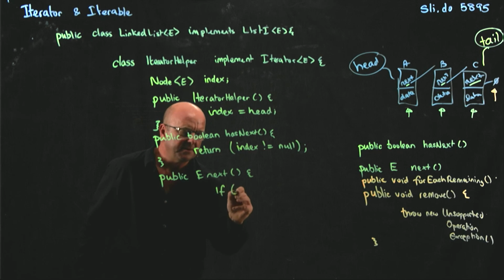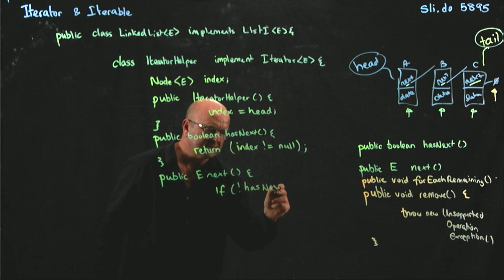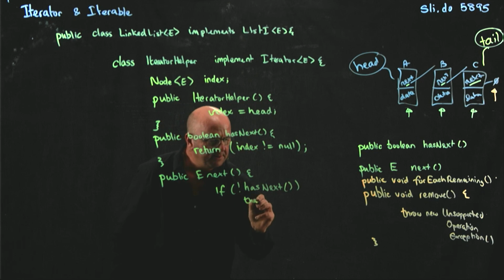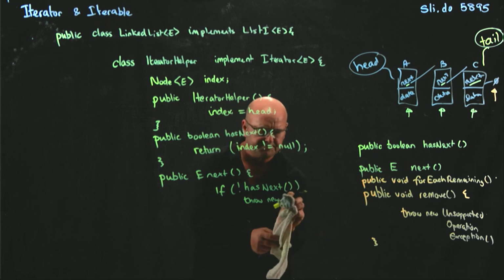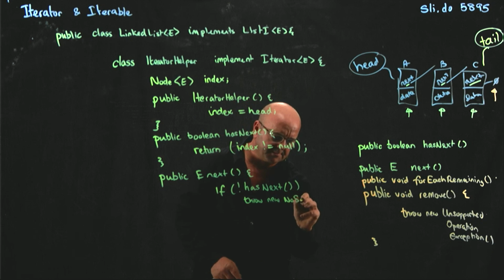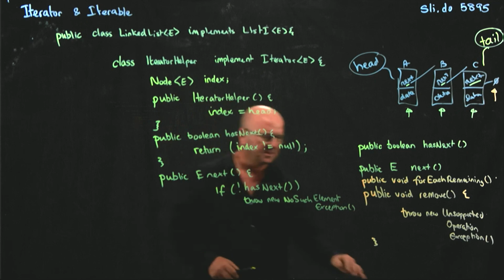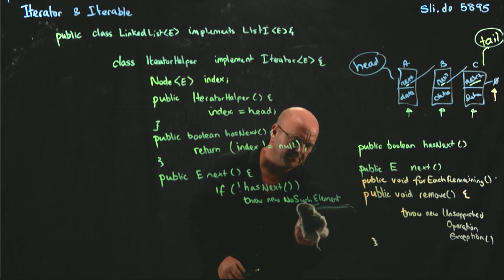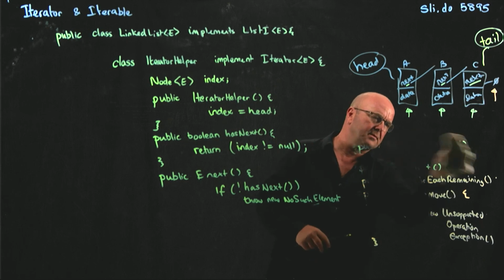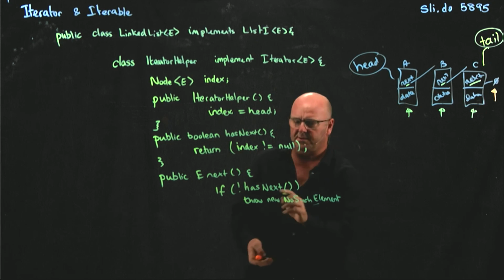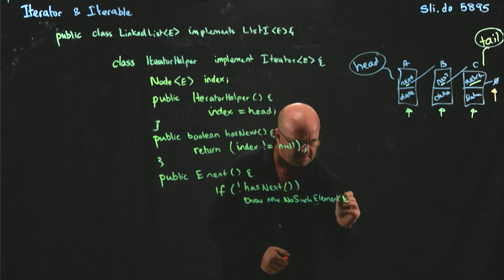So if not hasNext, here we can throw a new no such element exception.